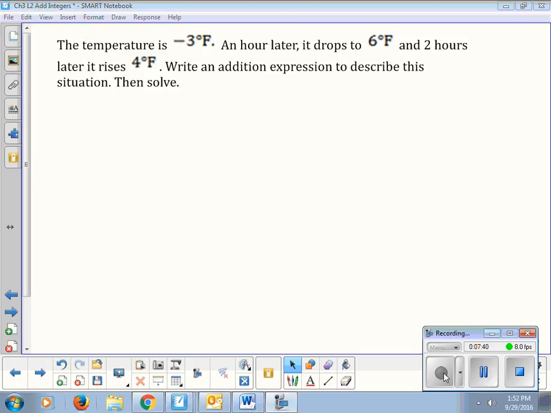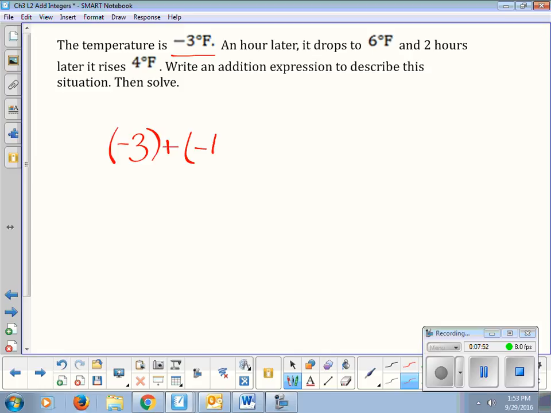Okay, so if we go over this one together, the temperature is starting at negative 3 degrees. It drops 6 degrees. How would you represent dropping 6 degrees? Negative 6, and then it rises 4 degrees. How would we represent rising 4 degrees? Positive 4.